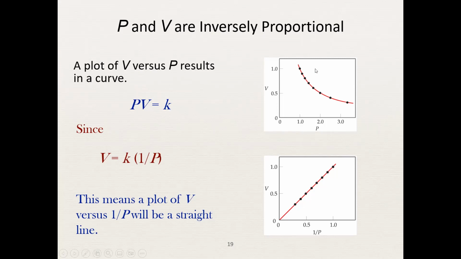So as we change the temperature, as we change the amount of gas, where exactly this line is going to be will change. But the relationship we see won't. So we'll still see as pressure goes up, volume goes down, or vice versa.